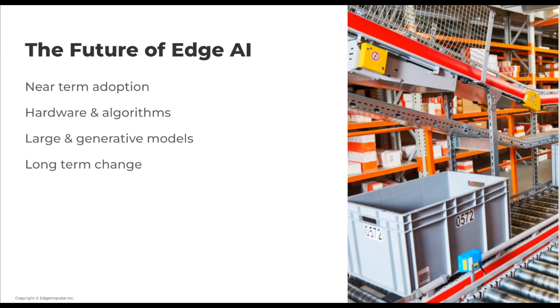We have a situation right now where the embedded engineering side is not very accessible for machine learning engineers, and the machine learning side is not very accessible for embedded engineers, and neither of those things are accessible for domain experts who know a lot about a particular application area but don't necessarily know those technologies.